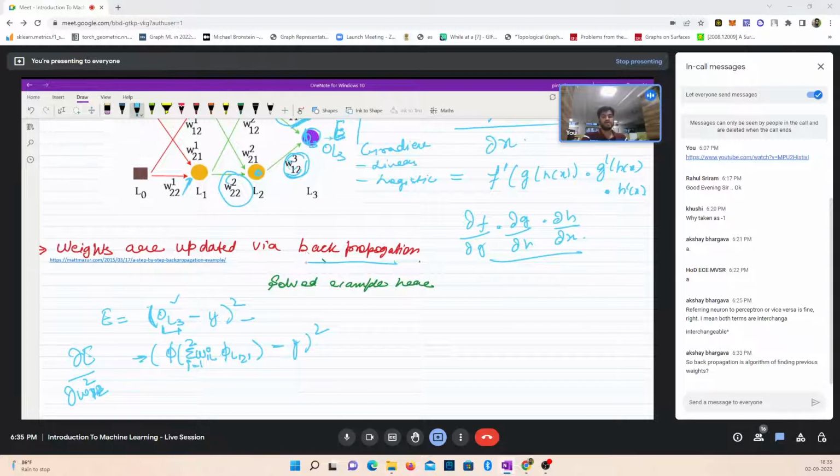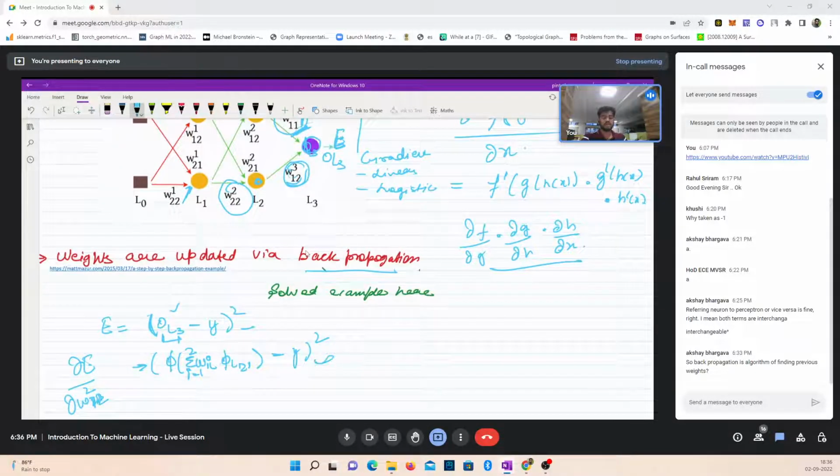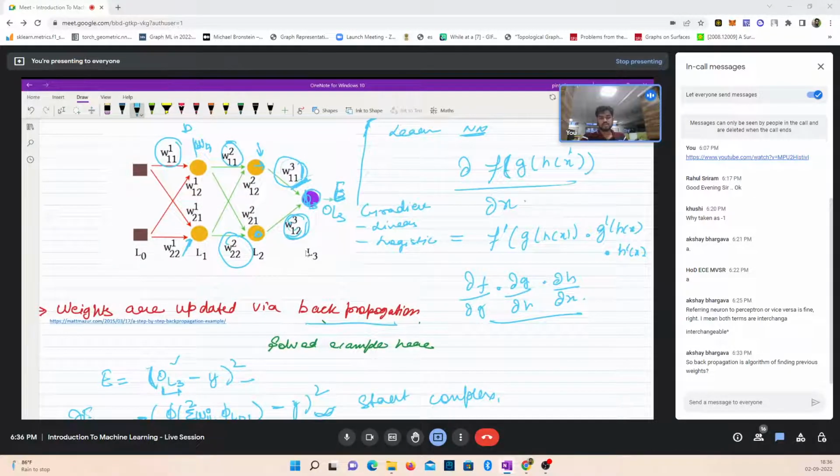As you move backwards, the equation will start becoming more complex. But if you look at this carefully, this partial derivative depends directly on the partial derivative of this component. So calculating the partial derivative with respect to this one directly incorporates the partial derivative with respect to this activation function. That's why this is called backpropagation.